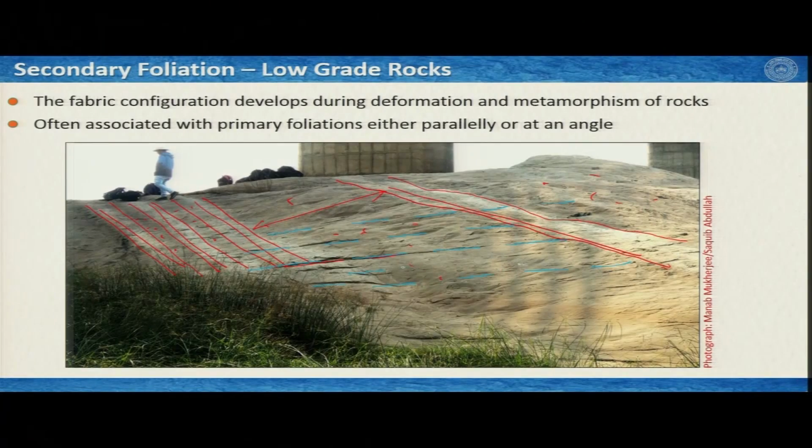As you can see, these planes appear like some sort of fractures on the surface, but they are very much aligned, and I tell you these are very much penetrative, or in a way they appear like some sort of mechanical damage in the rock, and these are your secondary foliations. So, you have primary foliations, the red ones, and the blue ones are your secondary foliations.